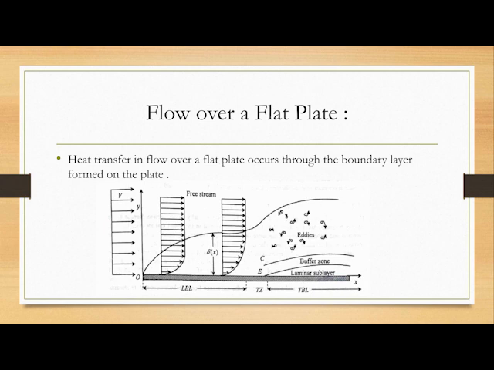The boundary layer thickness increases with the distance from the leading edge of the plate. The characteristics of boundary layer flow depend upon the Reynolds number, which is Re equals rho v x by mu, x being the distance from the point O.